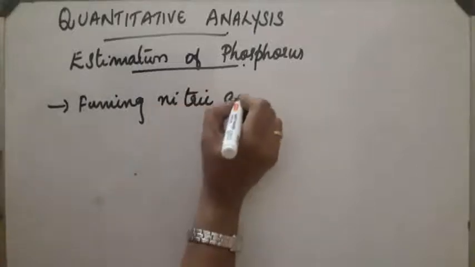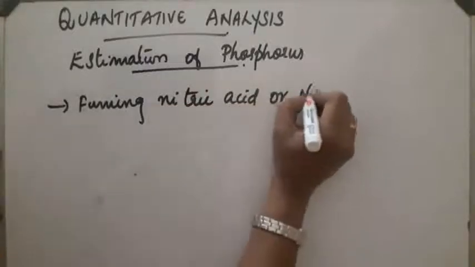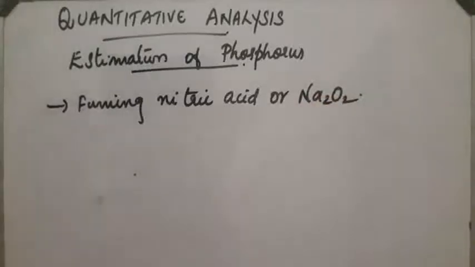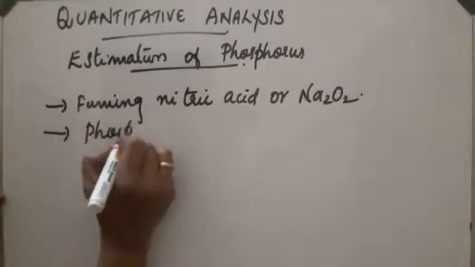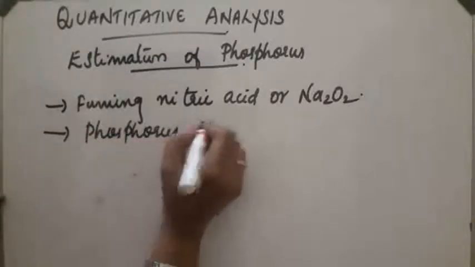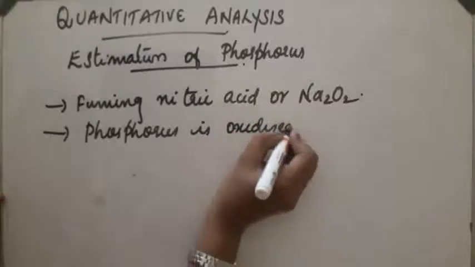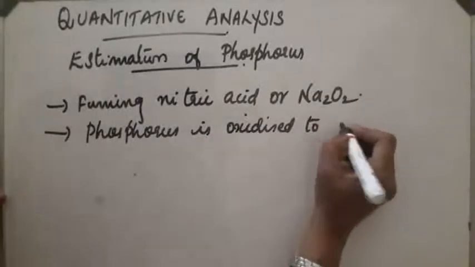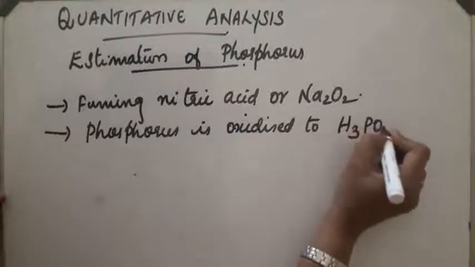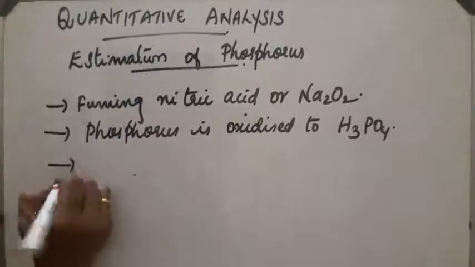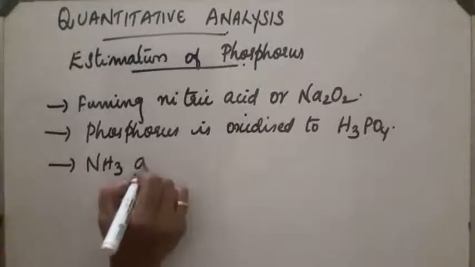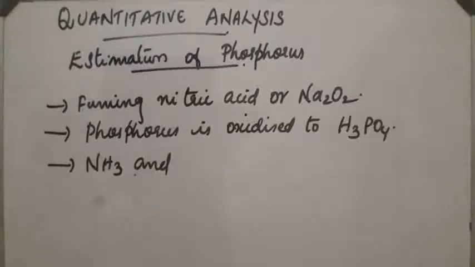Na2O2, sodium peroxide, is taken into the tube, along with the organic compound. While heating, phosphorus is oxidized to phosphoric acid, H3PO4 is obtained, into which we are adding ammonia and ammonium molybdate solution.